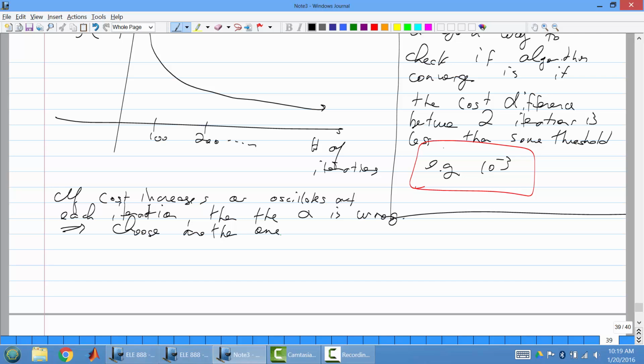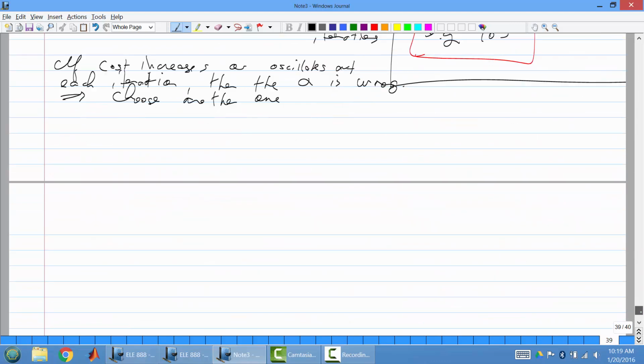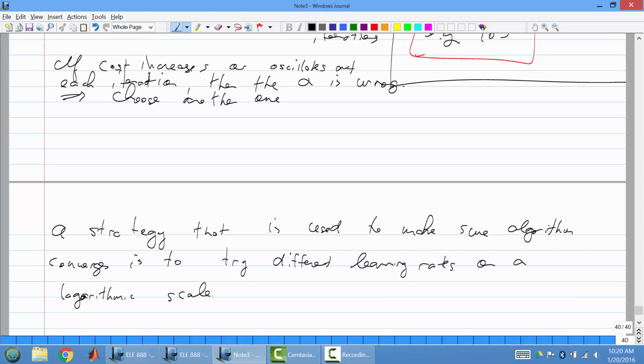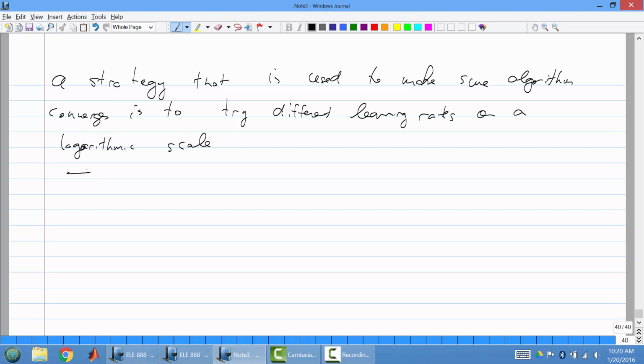A strategy that is used to make sure the algorithm converges is to try different learning rates on a logarithmic scale, and then you set a maximum number of iterations for each scale.